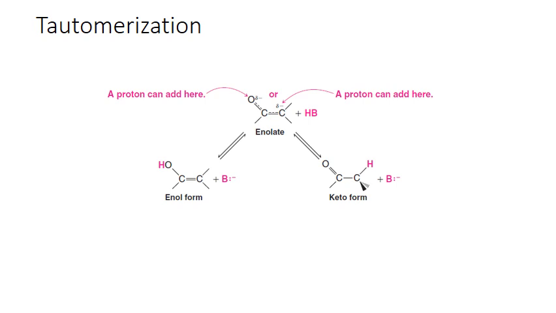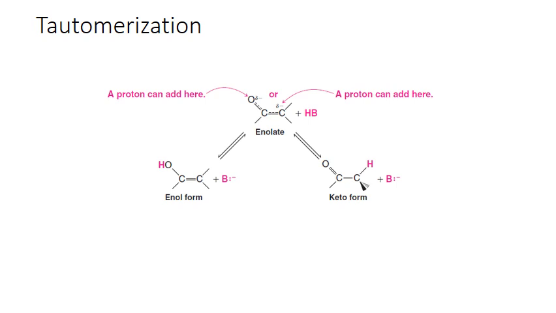Abstraction of a proton from the alpha hydrogen results in enolate. Enolate can accept a proton at either carbon or oxygen.